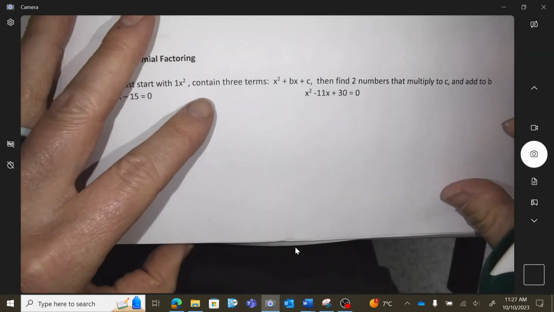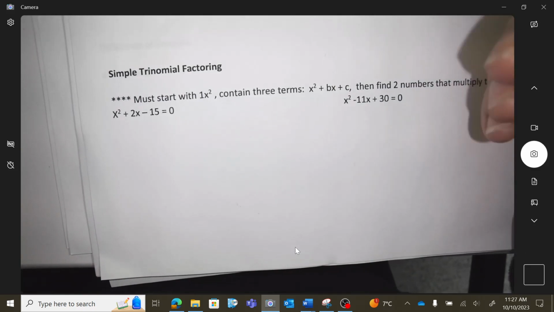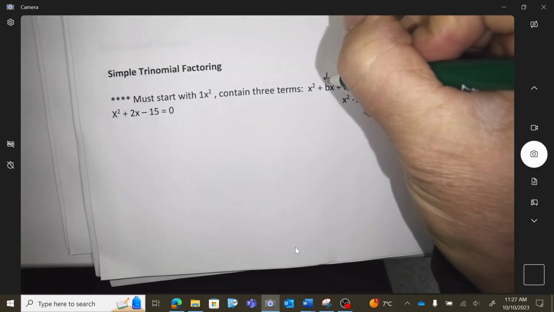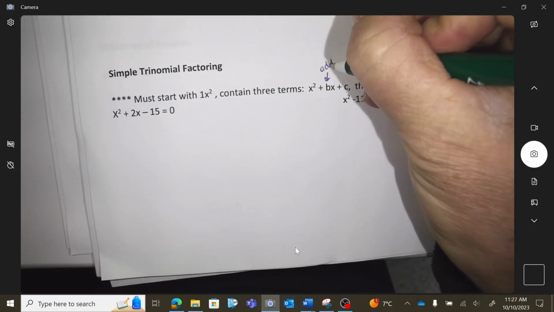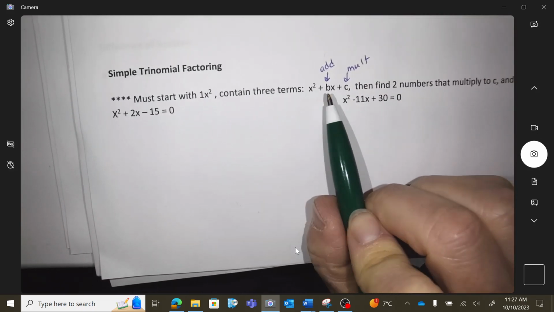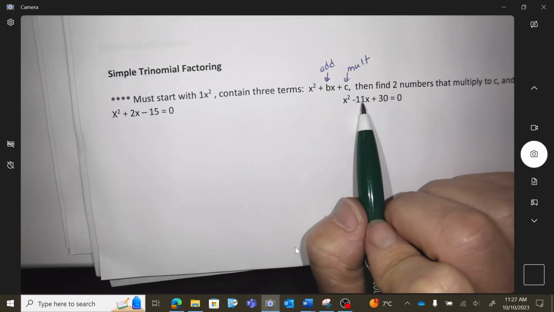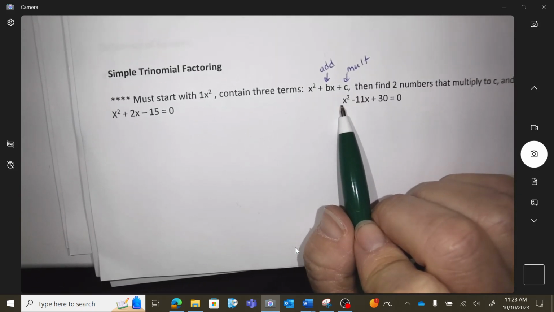Okay, so simple trinomials. The rule: it will always have to multiply to the end and add to the middle, right? Remembering those rules? What multiplies to the end and adds to the middle.